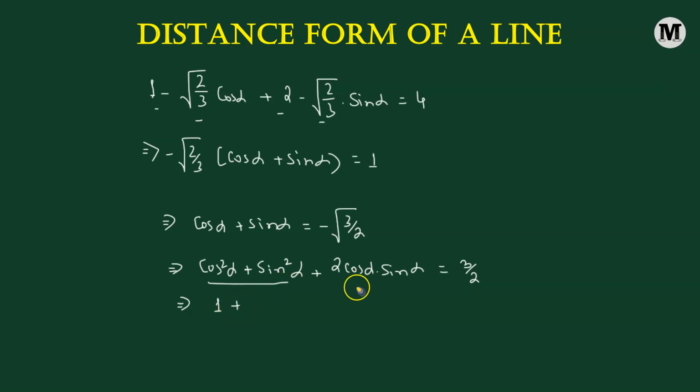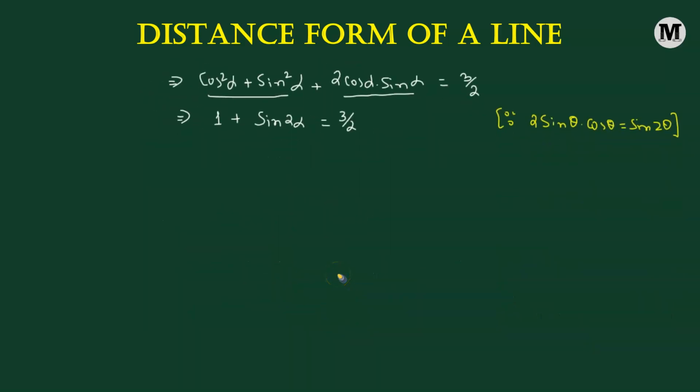So we have 1 added to 2 times cosine alpha times sine alpha, which is simply going to be sine of the angle 2 alpha. Here we have used the fact that 2 times sine of angle theta times cosine of angle theta equals sine 2 theta. We'll use this fact, and that simplifies the problem. So this is going to be equal to 3 over 2.